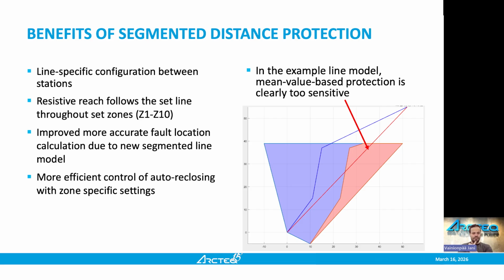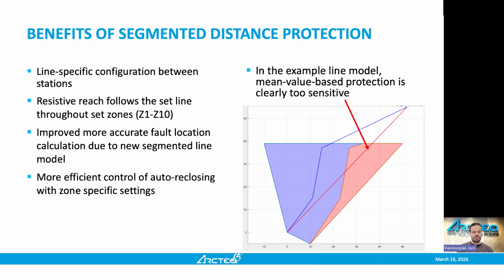We got improved, more accurate fault location calculation due to the new segmented line model in our relay. And also Emil is going to show the accuracy for you later today. And due to these zones, we got more efficient control of auto reclosing with zone specific settings. So we can do, or we don't need to do auto reclosing with overhead lines or underground cables.